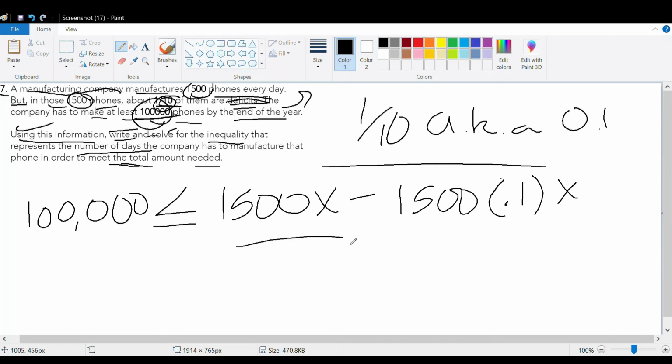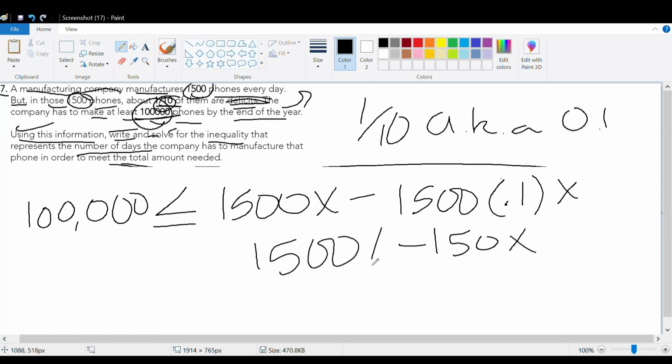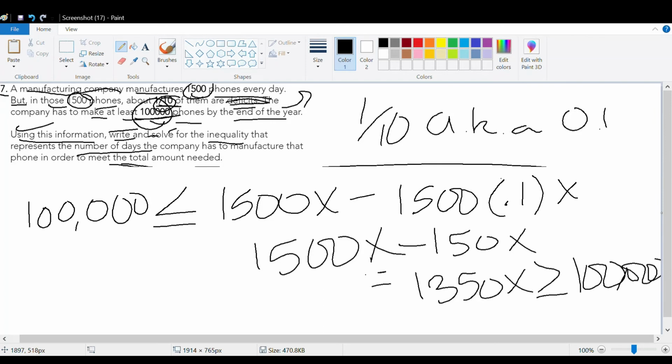Let's solve for this side first. 1,500 times 0.1 is 150x. Then we have 1,500x minus 150x equals 1,350x. All of this has to be greater than or equal to 100,000. So what we have to do now is just solve for x. We divide both sides by 1,350.